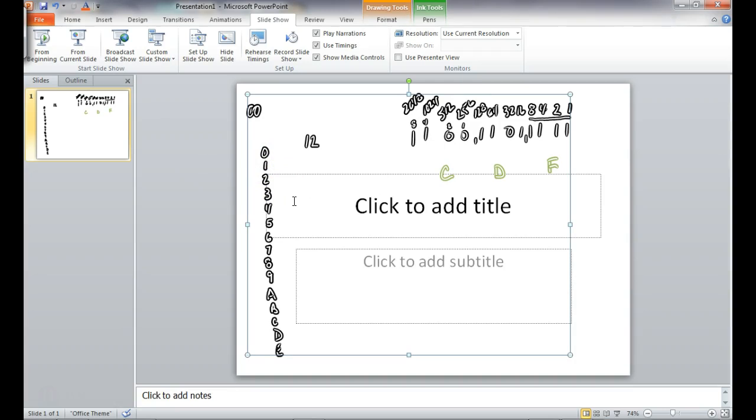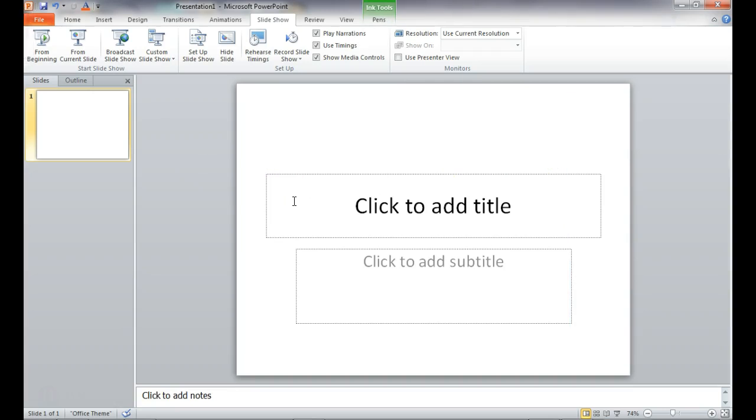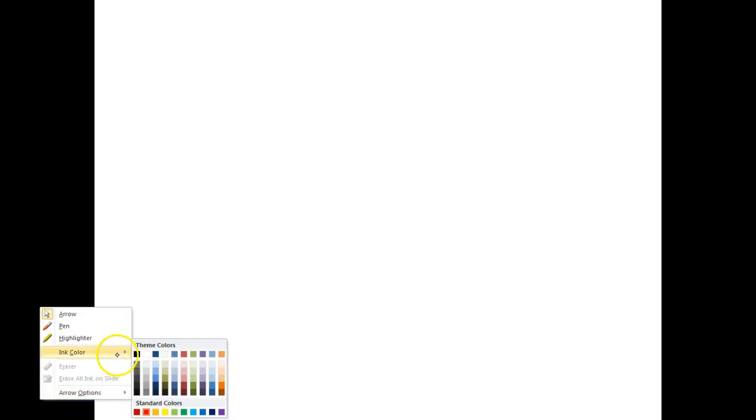I might have to shift it up. So there's my 16 combinations.